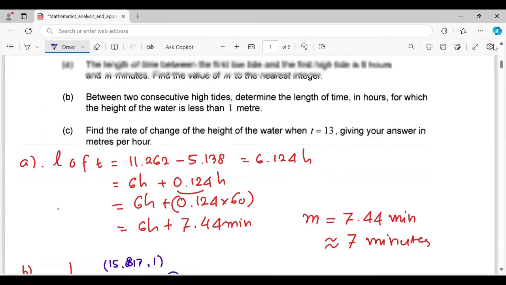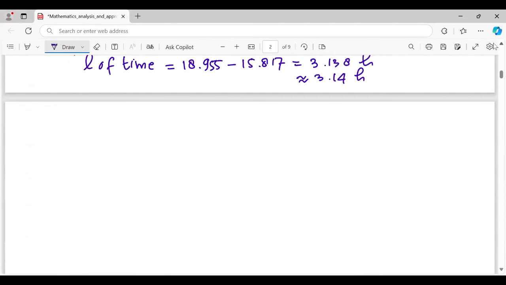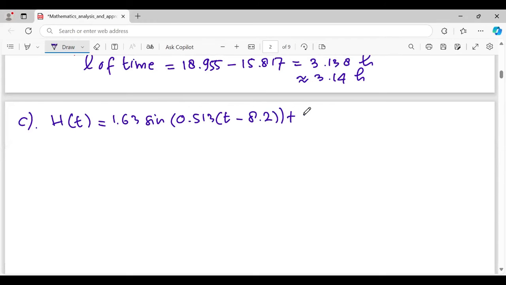Next, part C, find the rate of change of the height of the water when t equals 13, giving your answer in meters per hour. Okay. For part C, the function is 1.63 sine(0.513 times (t minus 8.2)) plus 2.13.